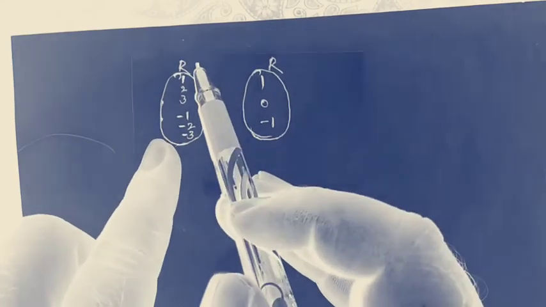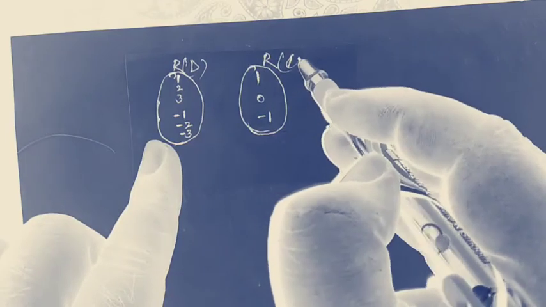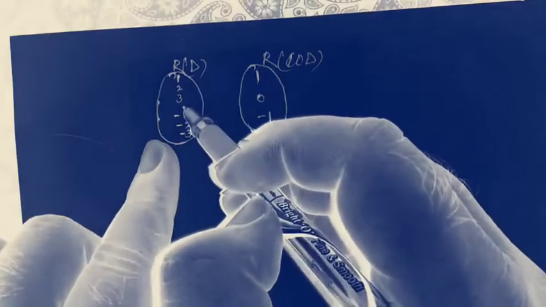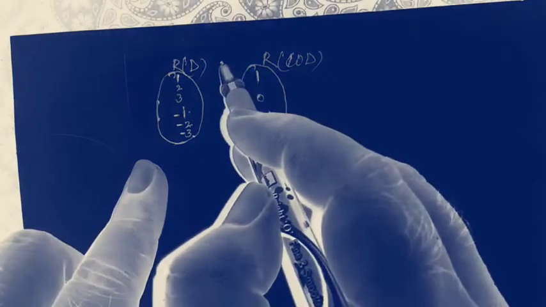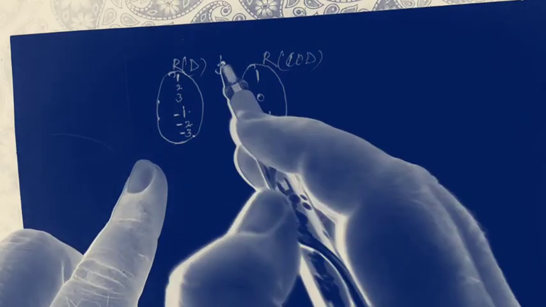And put in the domain 1, 2, 3, -1, -2, -3. So the function is here under f.